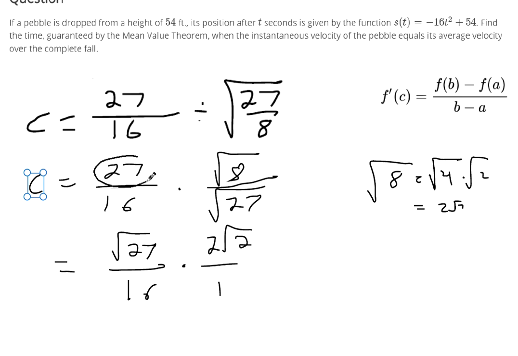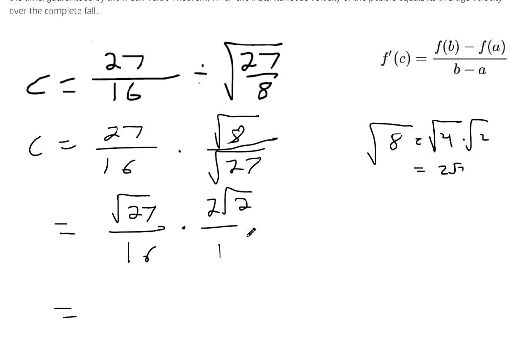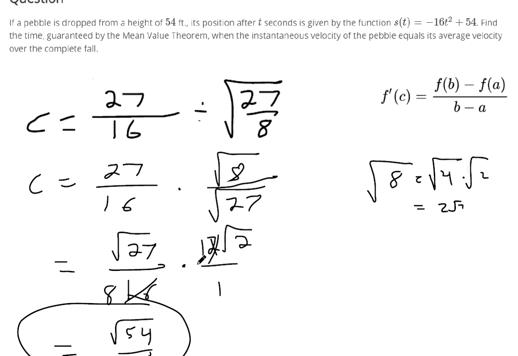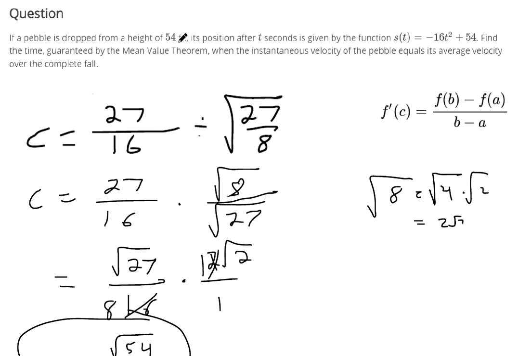We already took care of the 27s: 27 to the first divided by 27 to the 1/2 makes 27 to the 1/2. You can multiply inside the radicals, but we could also simplify this. So square root of 27 times 2 makes square root of 54 over 8. I think we're done now. That's the time when the pebble is falling at an average velocity over this interval.